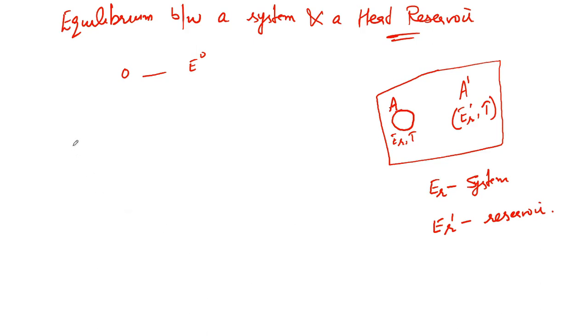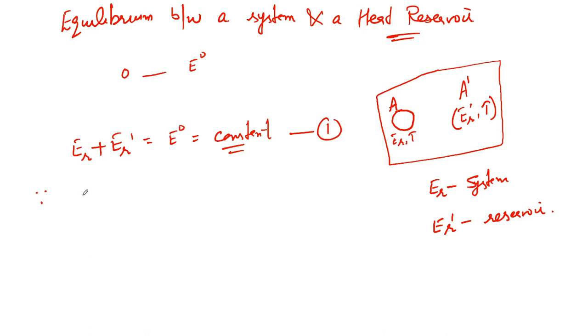And the total energy of this whole system and heat reservoir, or of this whole canonical ensemble, is ER plus ER dash, which is the total energy of this composite system, and that total energy is constant. When this system exchanges energy with the heat reservoir, the values of ER and ER dash are exchanged with one another, but the total energy is always conserved, so it is constant. So let us say this is equation number 1.